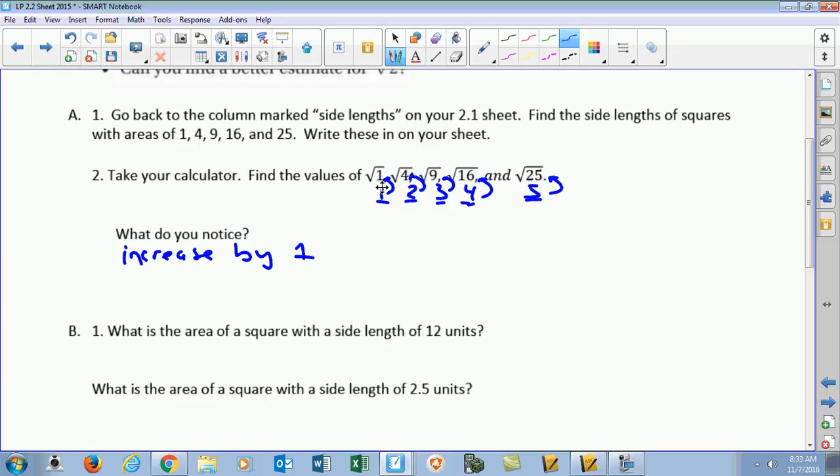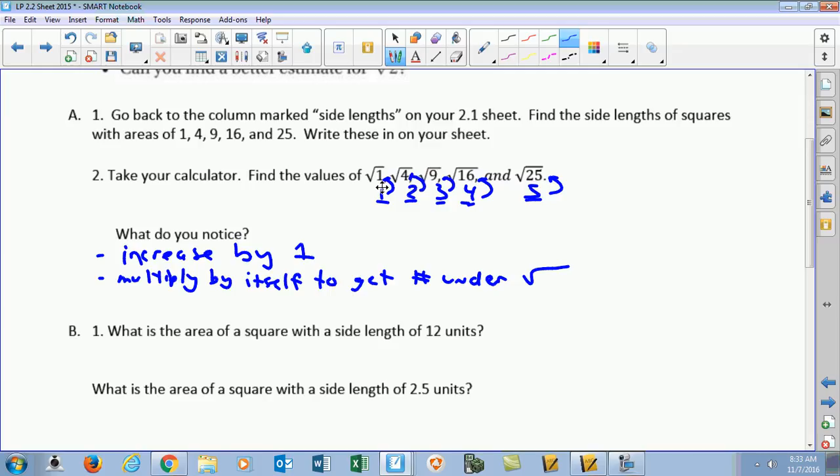What also is 1, 2, 3, 4, and 5? A certain classification of numbers. What are 1, 2, 3, 4, and 5?